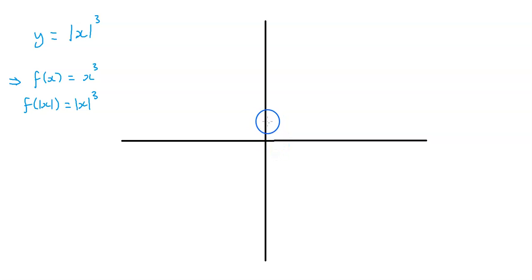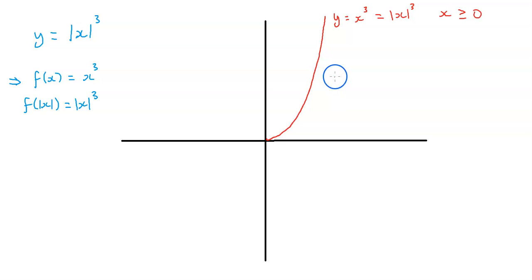Well, as we discussed before, when x is a positive number, it's just going to be the same as the graph of y equals x cubed. So y equals x cubed looks something like that. And that's equal to the modulus of x cubed for positive values of x, or 0.